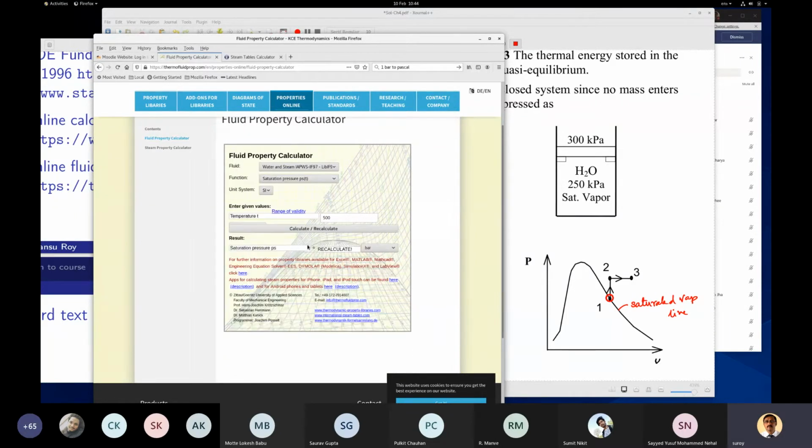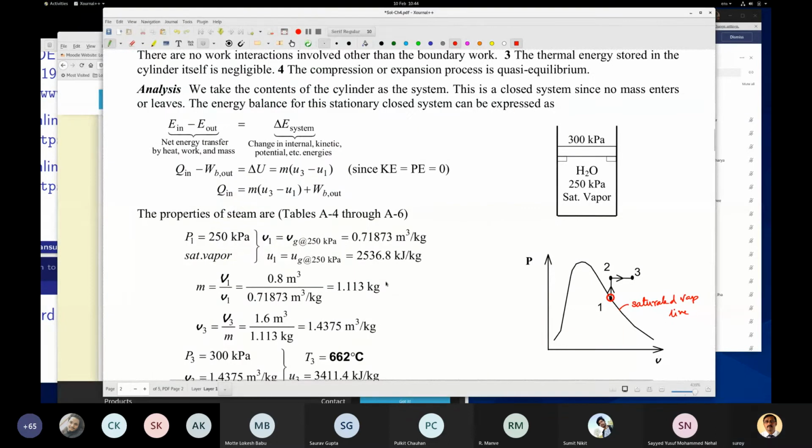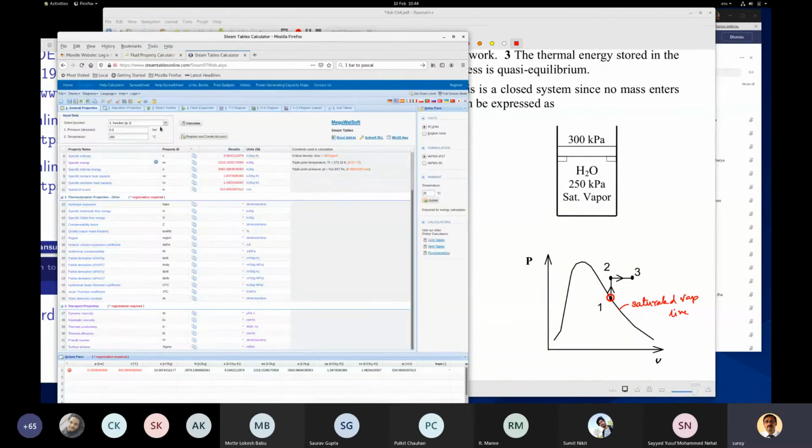Or it is given the other way. So if the temperature is given, it gives you the... so I cannot directly do it anyway. So use the other one, 250 kilopascal, 0.25.